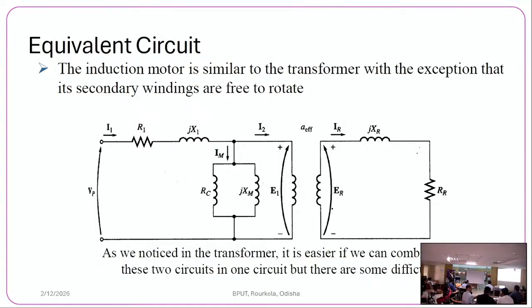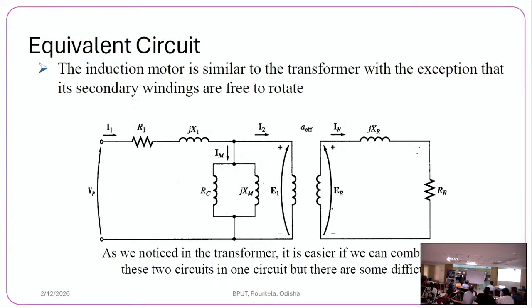So this is the equivalent circuit of the induction motor. The two circuits are separated by two lines. Another thing I will tell before that. Suppose two windings are linking, and sometimes we put two lines between them. Why do we put lines?